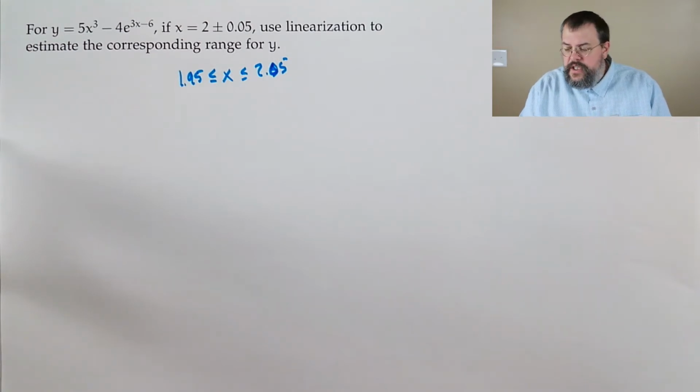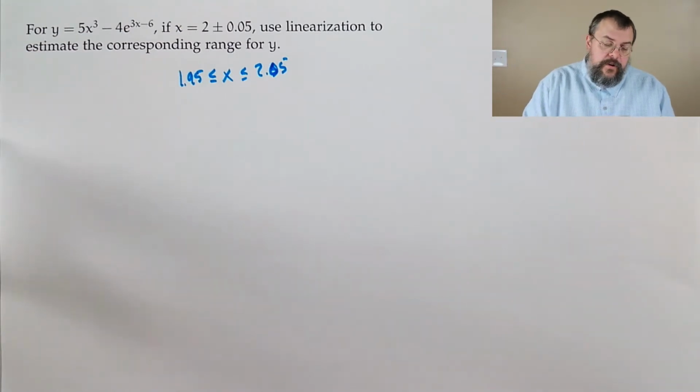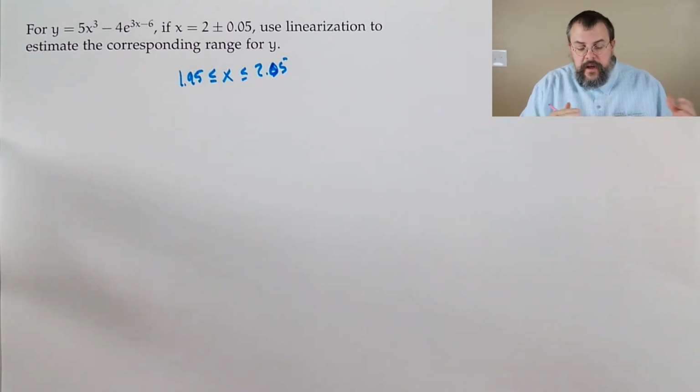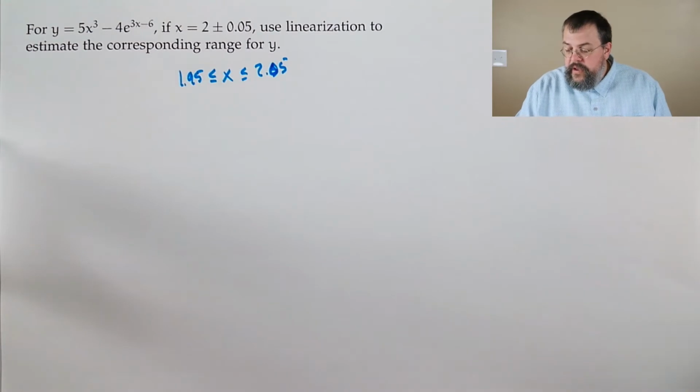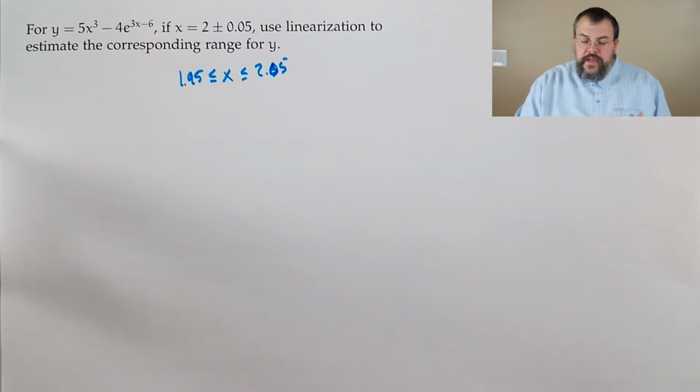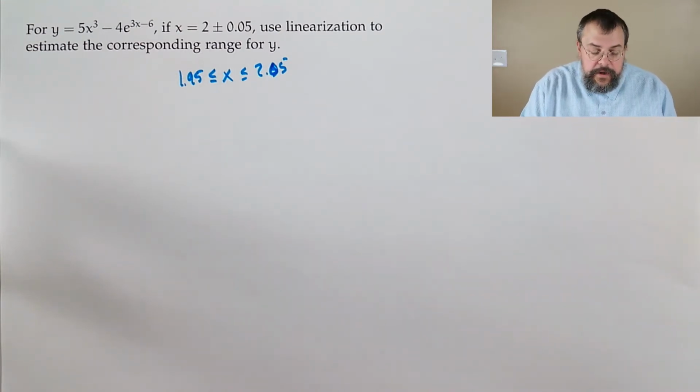Now, the question is, what can we say about y? Okay, so we want to say, given how much I'm perturbing in x, what can I say about how much I'm going to perturb in y? So let's think about what linearization tells us. One of the ways to think about linearization is to say the following.